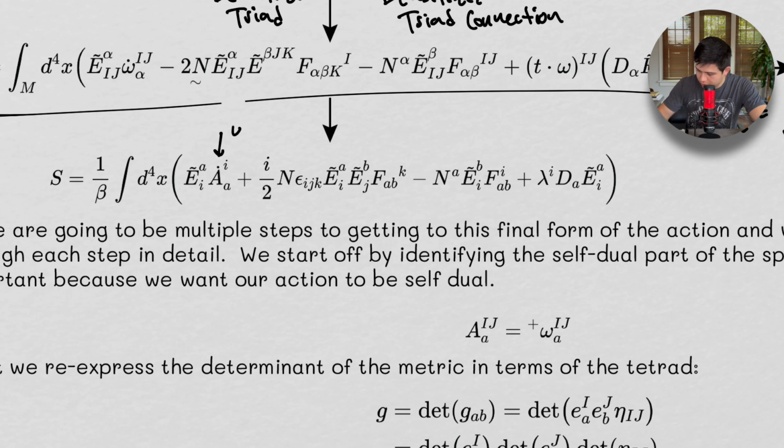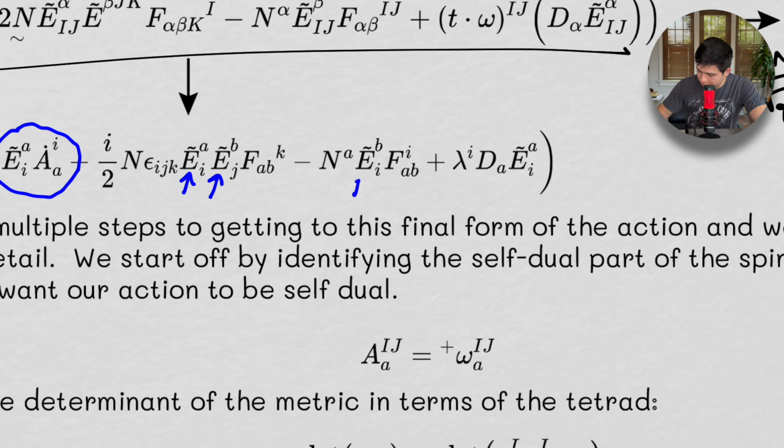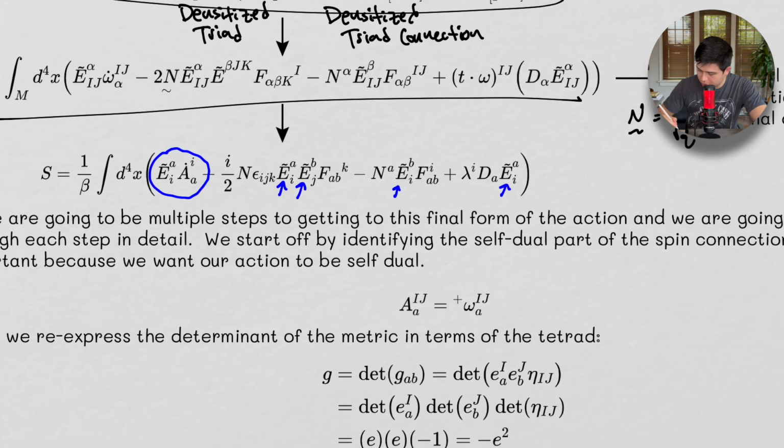This here is going to be our canonical momentum. Namely, these two things are going to be our canonical variables. Just if we go broad, here's a canonical variable, here's another one, and here's the other one. You notice we have E tildes, this tilde almost in every.